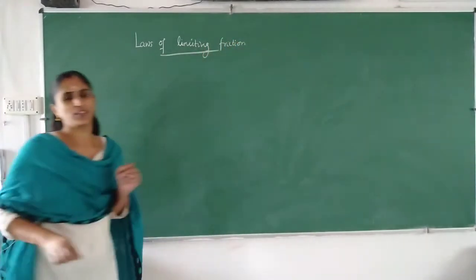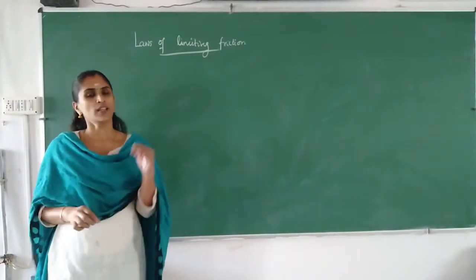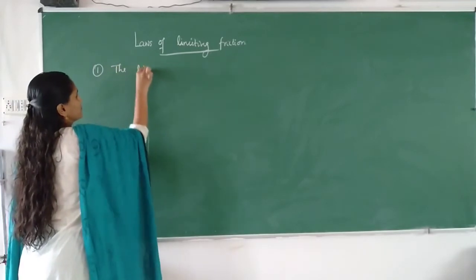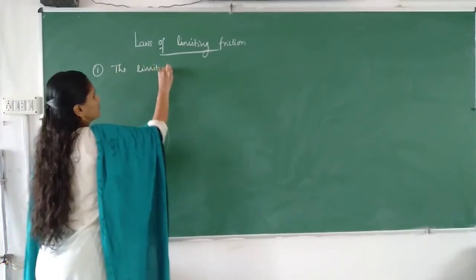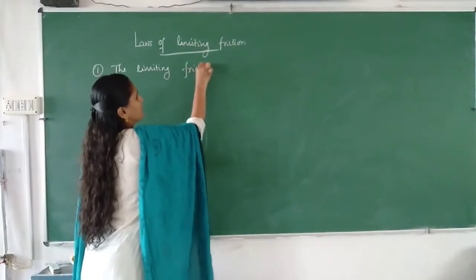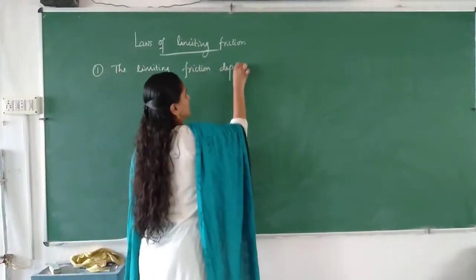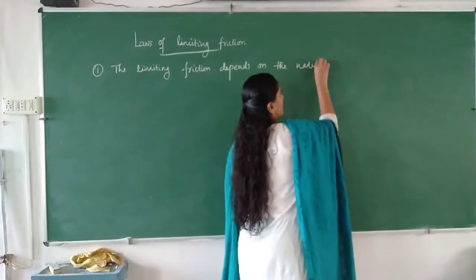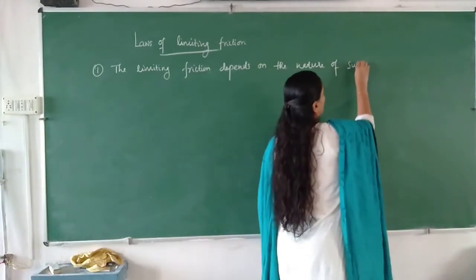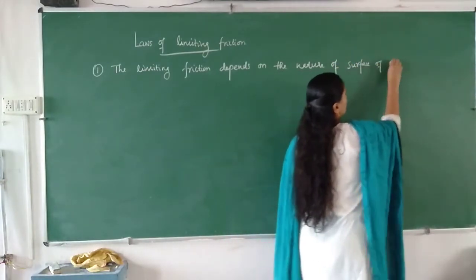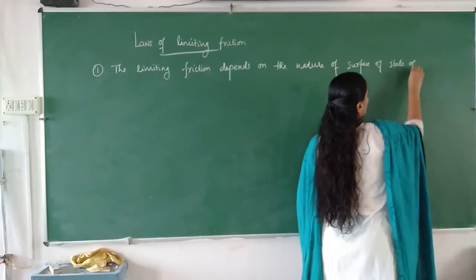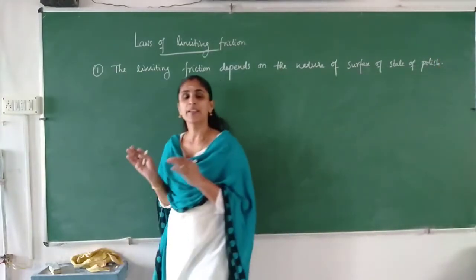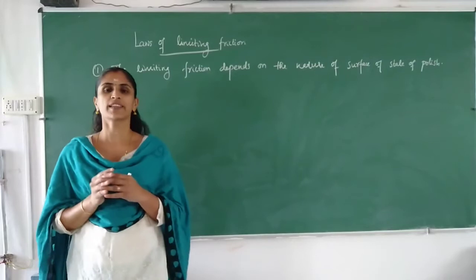So there are 4 laws. So first law, what is it? The limiting friction depends on the nature of surface and state of polish.